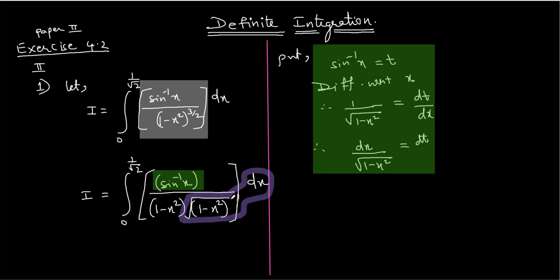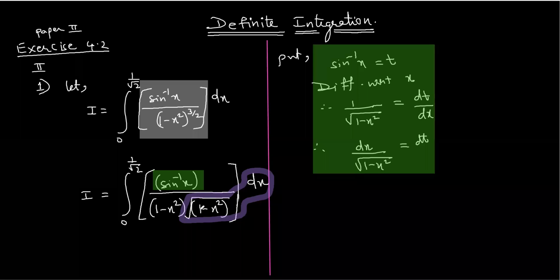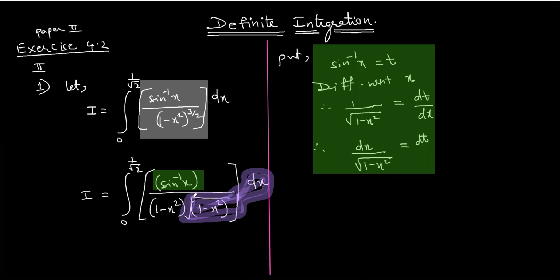So I will put this as t, and this whole thing here will be dt. You understand? This whole thing here will be dt. But the problem here is this will go to dt, and this thing is t. Fine. But the actual difficulty is for this.